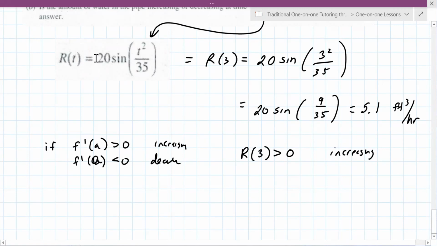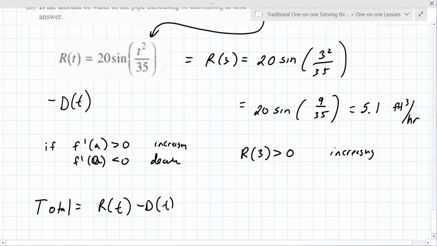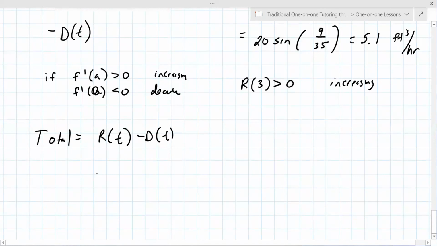So the total derivative here, you have to subtract d of t. So let's do a total. The total is r of t minus d of t. We'll still be able to use this number, but we need to figure out whether it's increasing or decreasing. You need to do r of 3 minus d of 3.